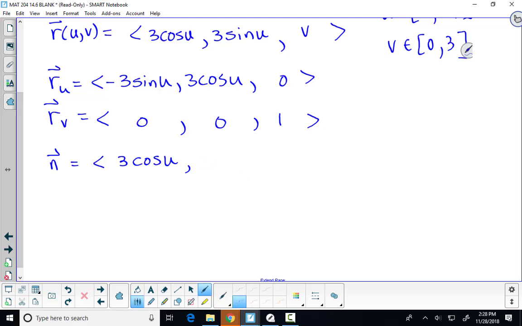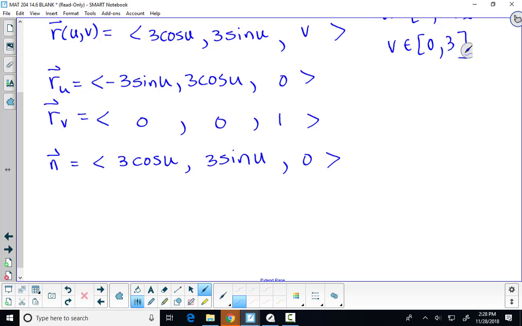The y coordinate is 3 sine of u. Main diagonal minus that diagonal, and then that, and then that. So if we think about the right circular cylinder, the y's and the x's are both changing, but the z's are all 0, for the normal of a right circular cylinder.